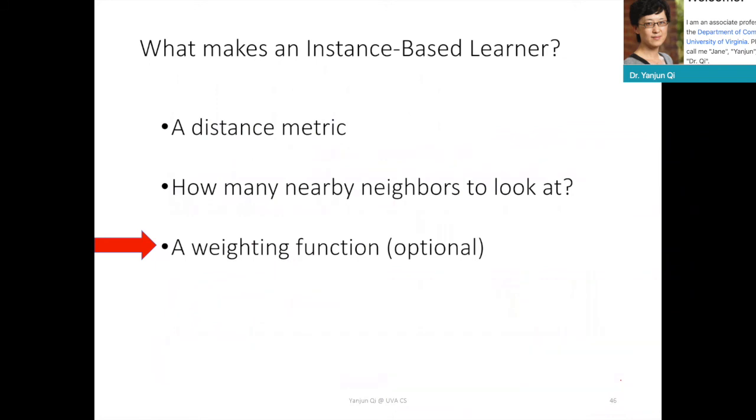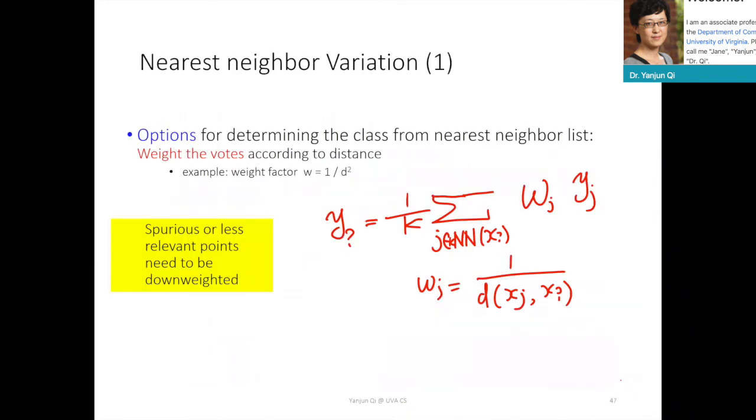Okay, so there's a little bit of variation on this kind of instance-based learner. People don't directly use the distance to make a judgment for the predicted y. They actually revise it by using the distance. For example, I can weight the votes from my neighbors according to the distance. This is the simplest way to do this, right? I'm going to weight the different points using this 1/d squared term.